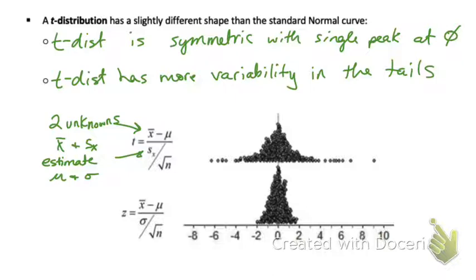In a Z distribution, there's just one estimation, and it's x bar. So if I know sigma, I can use the Z distribution. But because I don't know sigma, I have to use a T distribution because that's a second level of unknown. Got it? Yeah, I guess. All right, cool.